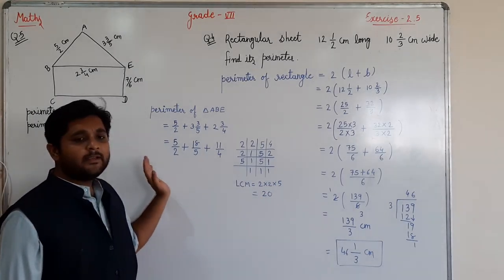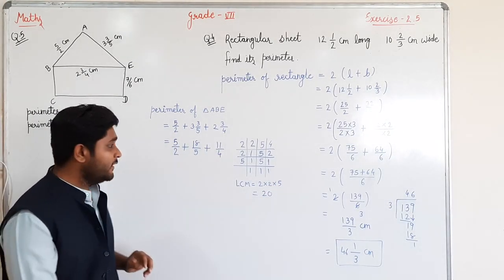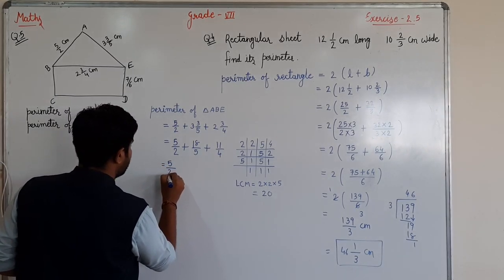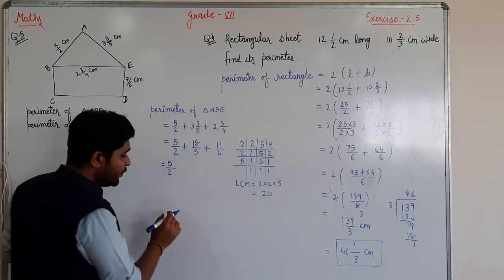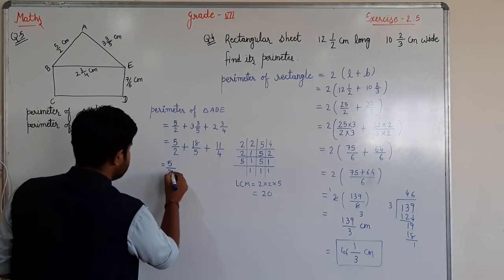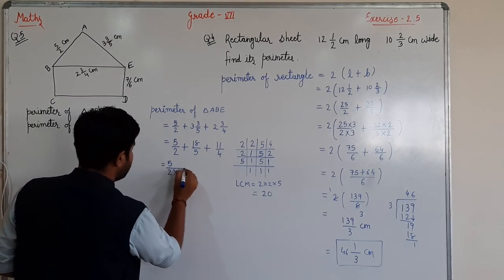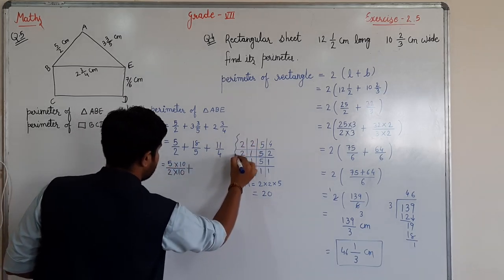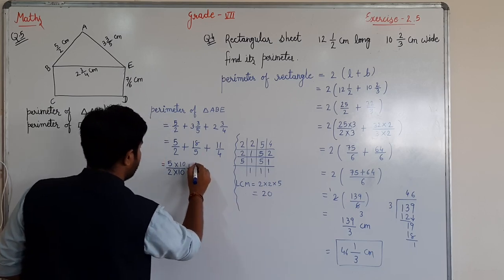Now we want 20 in the denominator of all these fractions. Let me start with 5 upon 2. To get 20, 2 is multiplied by 10, since 2 tens are 20, so multiply both numerator and denominator by 10, and we get 50 upon 20. Now 18 upon 5.